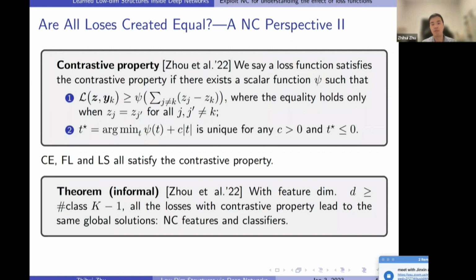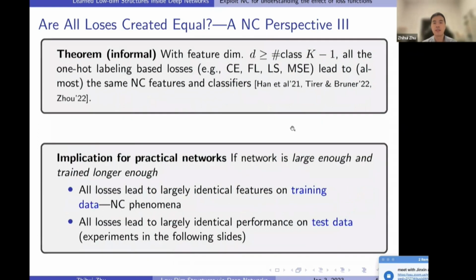In other words, they have the neural collapse features and classifiers. This, together with the previous result on the mean squared error loss, tells us that all the one-hot labeling-based losses we mentioned before will lead to the same neural collapse features and classifiers.